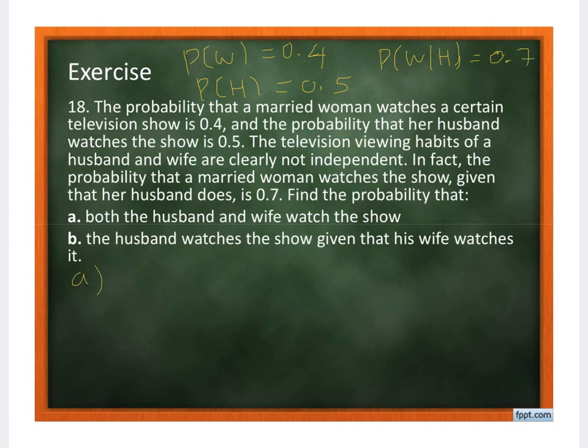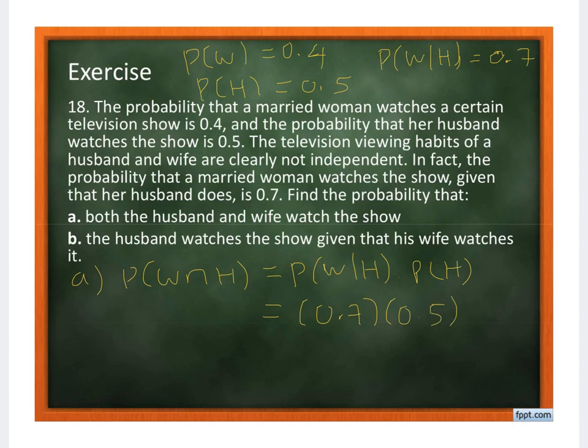A asks about the probability of wife and husband both watching the show, which equals probability of wife given husband times probability of husband. 0.7 multiplied by 0.5 equals 0.35. So the answer for A is 0.35.